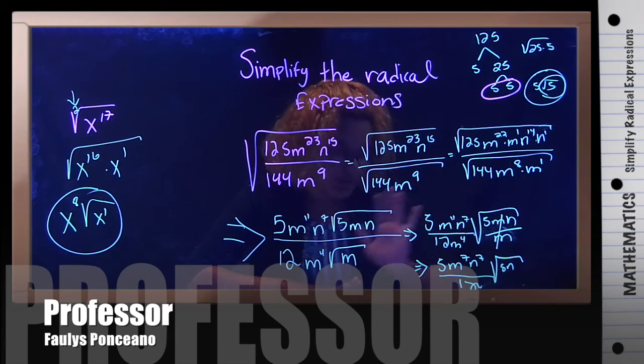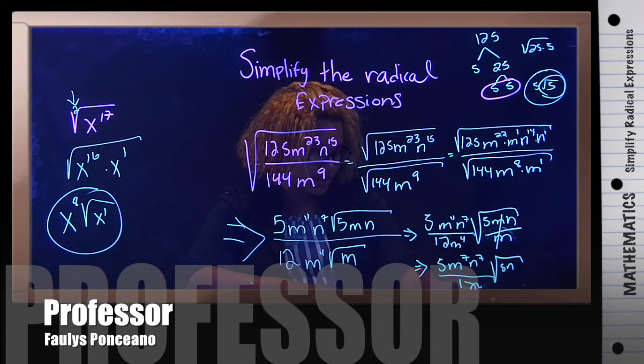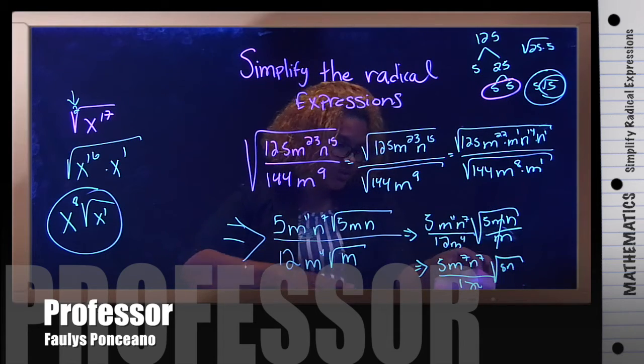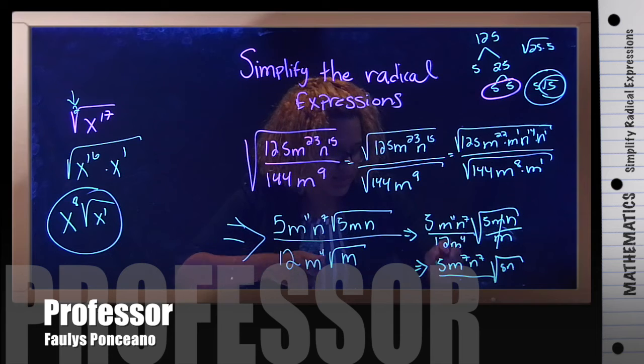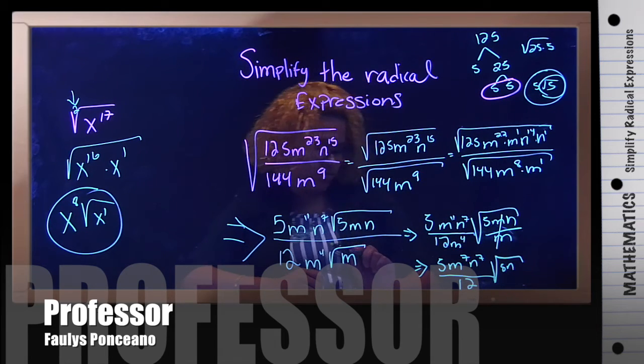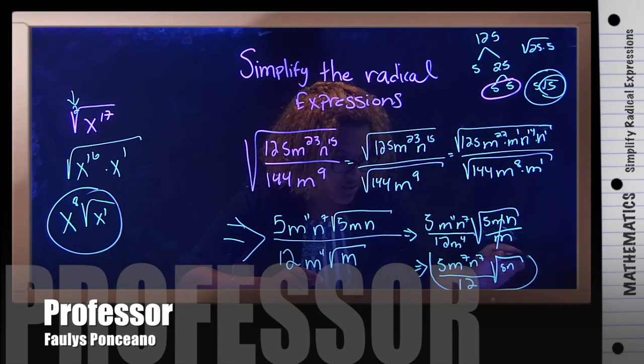And then you got that. Can you simplify more? No. And this looks kind of funny. What is this? This is a 12. I don't know if you can see it. It's a 12. Okay? So this is your answer.